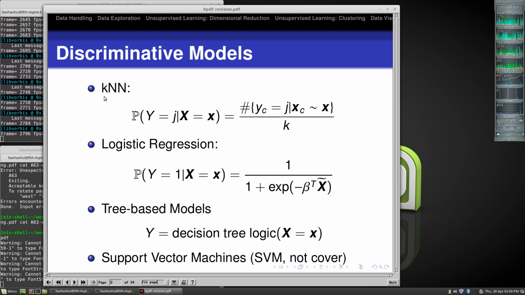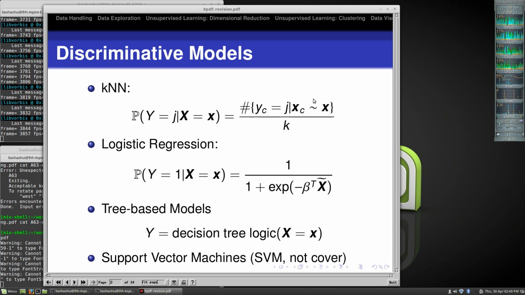KNN, K nearest neighbor. If you remember how this is calculated, it's actually calculated based on the data. We give in the new data, and using the old data, we try to find who are the K closest to it, and determine the type of response.